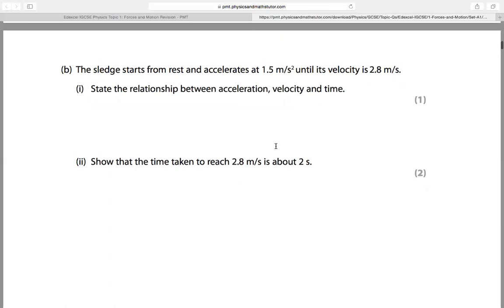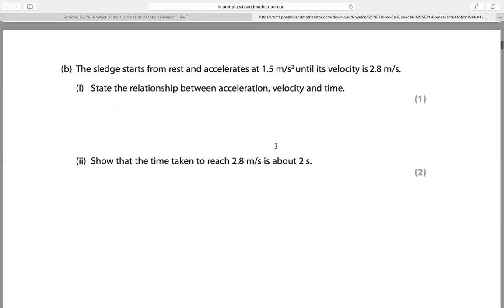So how do we do this? We want to use the same formula. So we have acceleration equals change in velocity over time taken. So they're saying show that the time taken. That means time is what we want to look for. So if we rearrange the formula, how do I calculate for time? Time equals velocity times acceleration.